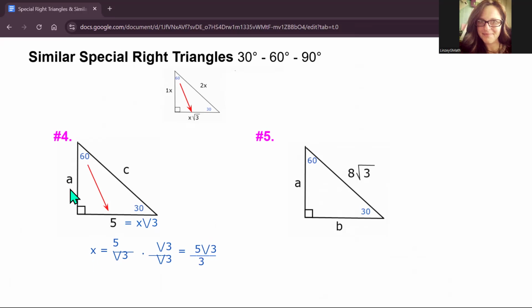That is what we've multiplied every side by. So 1 times x is just going to be 5 square root of 3 over 3. And the hypotenuse is 2 times x. 2 times 5 square root 3 over 3 is 10 square root 3 over 3.